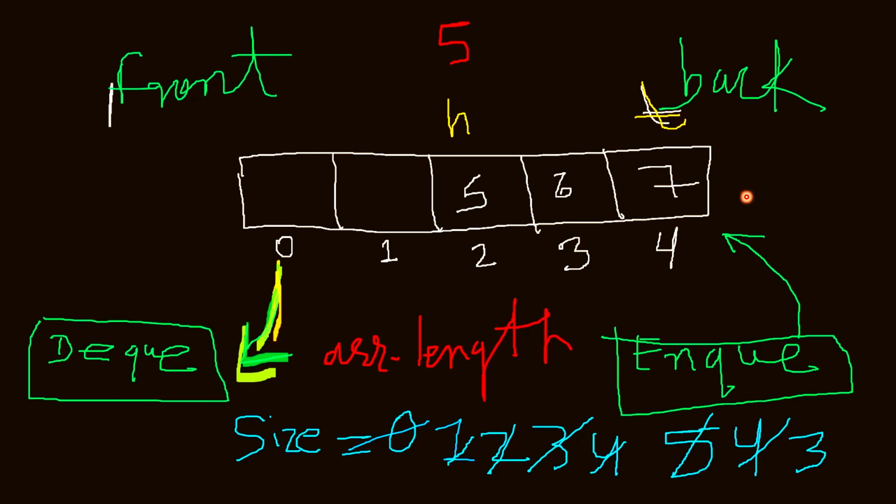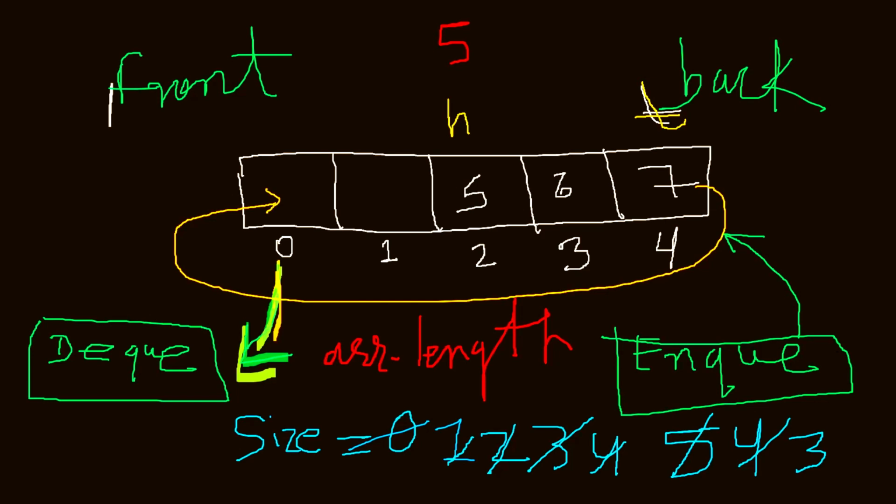What will we do? We make this array circular. So how do we make it circular? Circular is not rocket science. Circular means that whenever we reach the last index, we simply jump to index 0. We'll simply jump from index 4 to index 0, and check whether any element is already present there.